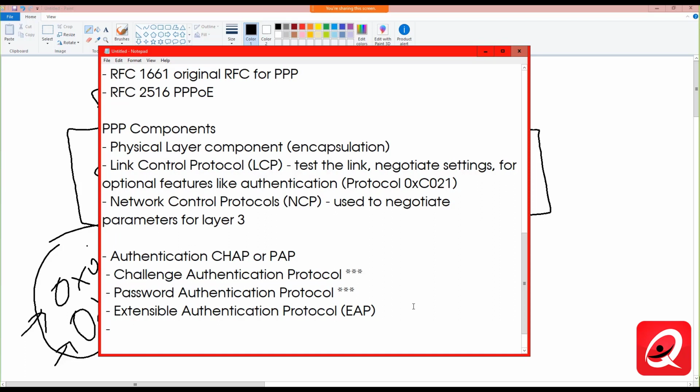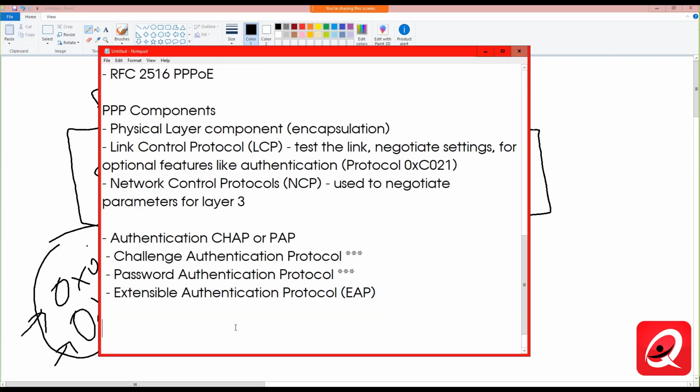And then we also have the ability, ISE, yeah, exactly, Chris, we could use ISE as the back-end platform. And then we also have the ability to run MS-CHAP, right? And other types of authentication. So we're not going to get into that specifically. But basically, we negotiate all these parameters as part of LCP.